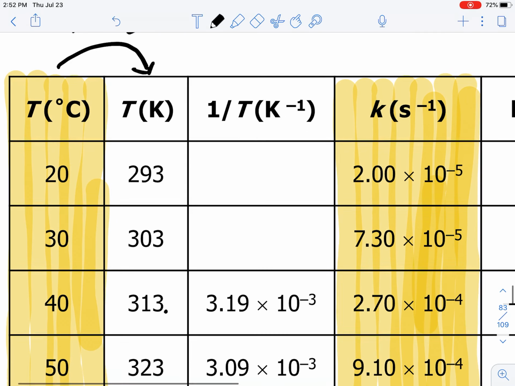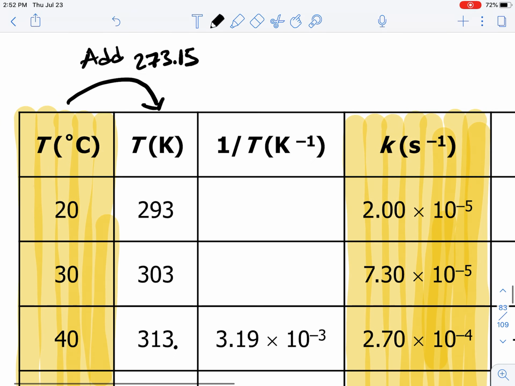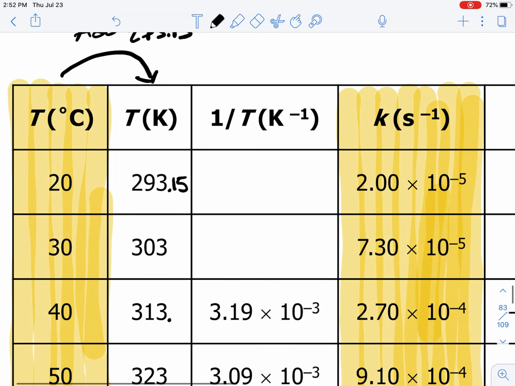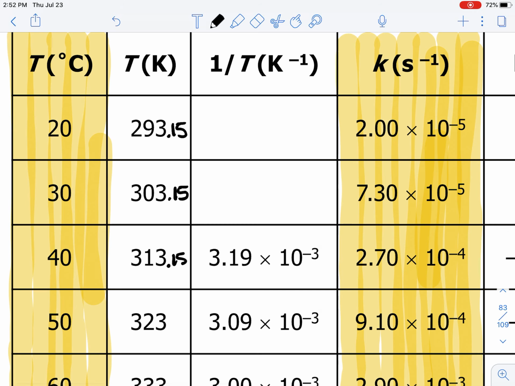And so basically, if you were to take 20 and add 273.15, you'll get 293.15. If you take 30 and add that by 273.15, you'll get 303.15. And the list continues.